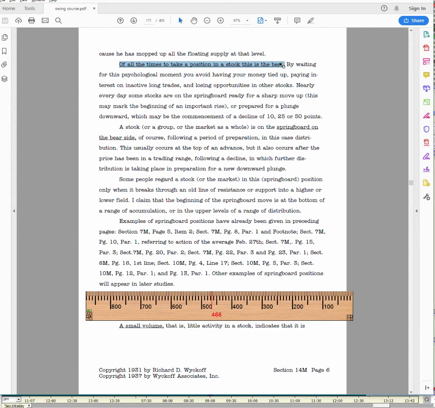It's not halfway back or anything else. It's not a spring and it's not an upthrust, although those are great and they give great opportunities if you know what you're doing. But the Wyckoff recommendation and the Wyckoff setup that he said and recommended was the springboard.